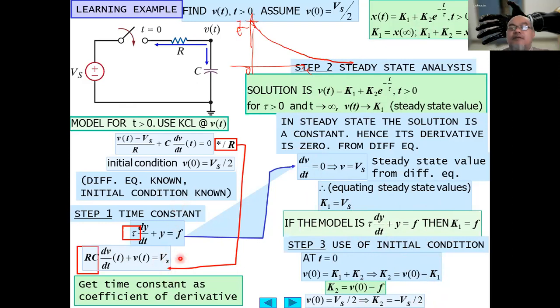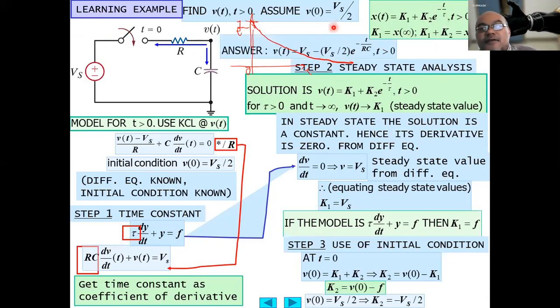To summarize: first step, we obtain tau. Second step, using steady state analysis, we obtain K1, the constant of the general equation that doesn't vary with time. And using the initial value, we obtain K2, the coefficient of the time varying value. So here we get the solution.